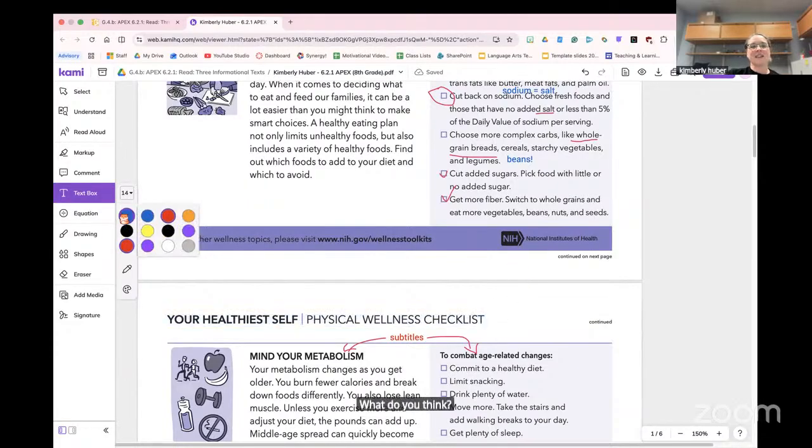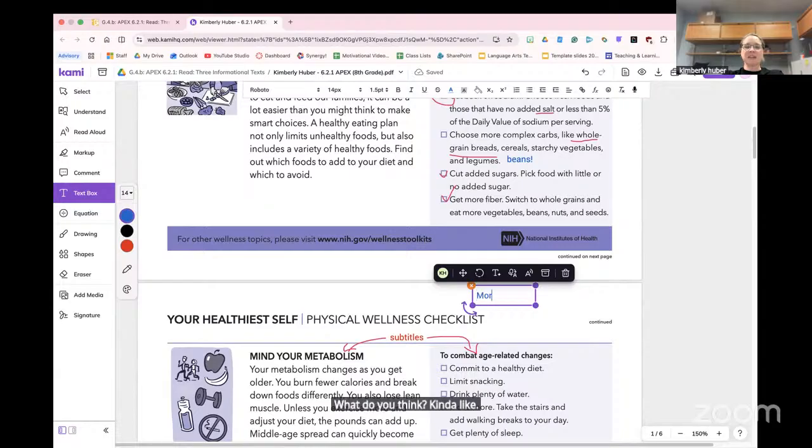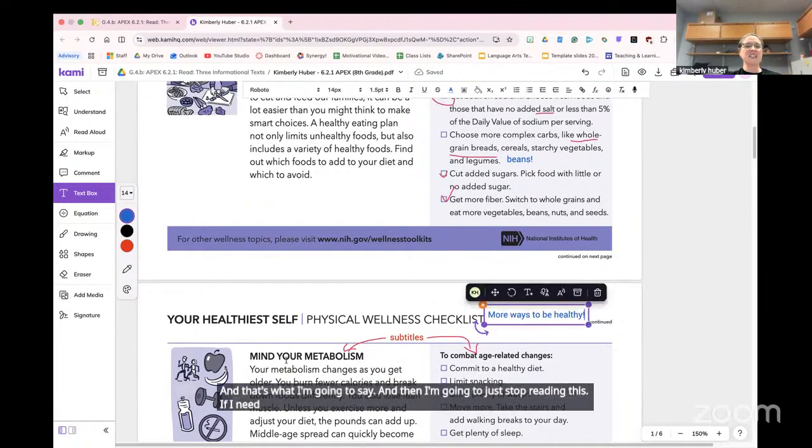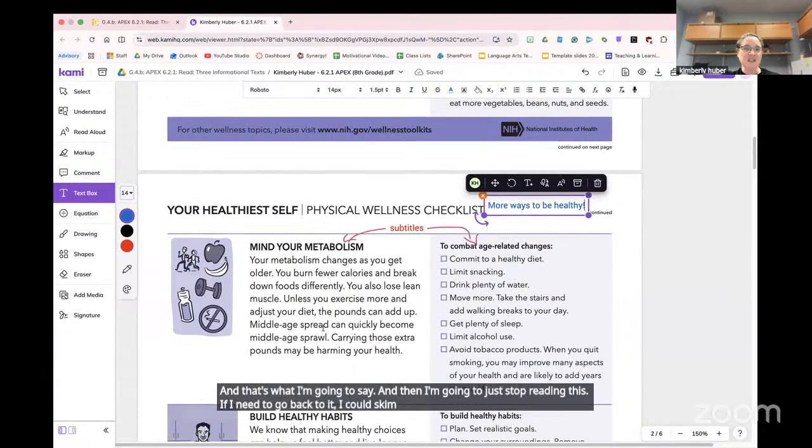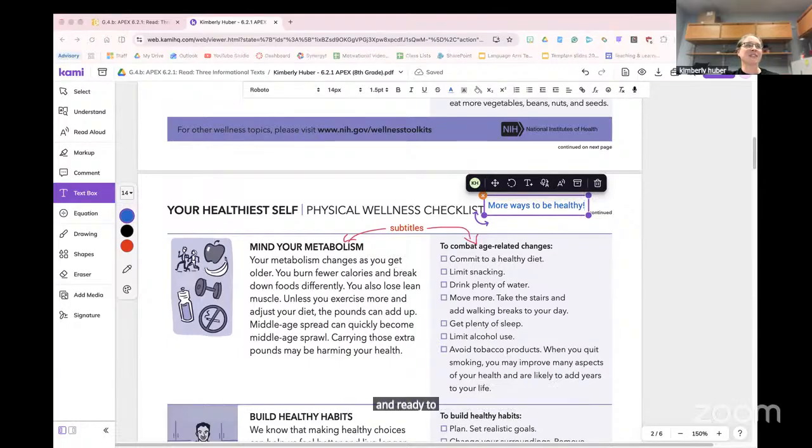Kind of like, okay, more ways to be healthy. And that's what I'm going to say. And then I'm going to stop reading this. If I need to go back to it, I could skim those subtitles and look. But what do you think? Do we need to keep reading this or do we think we're done and ready to go to the next part?